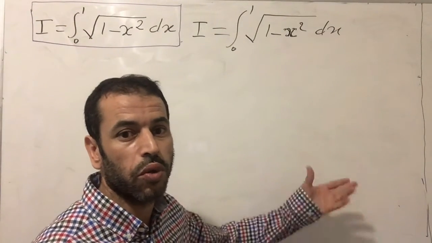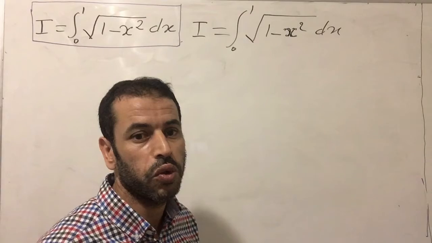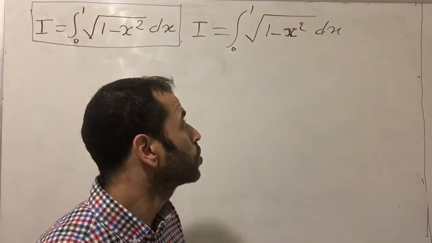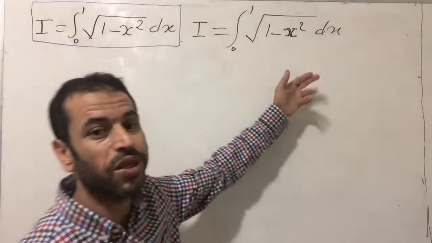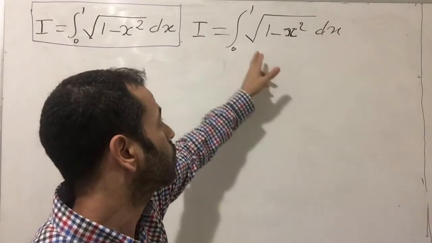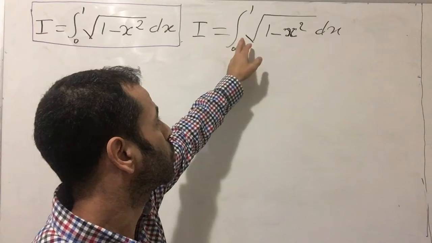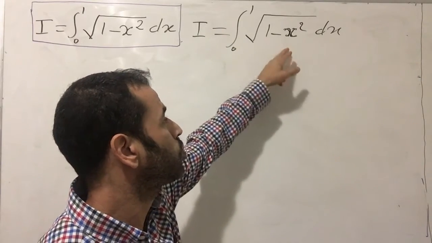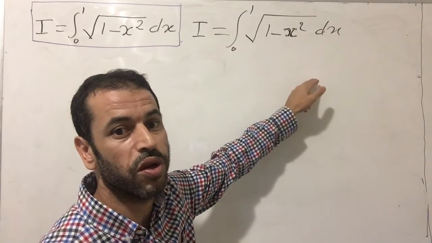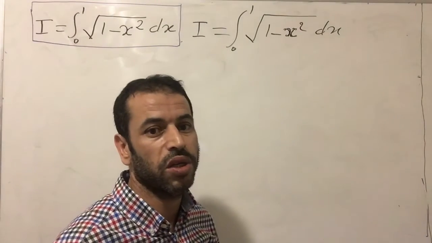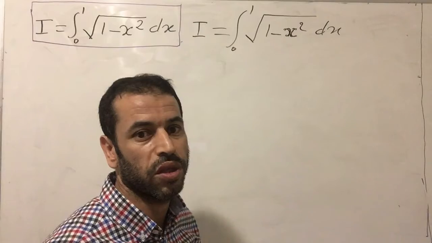The best way to solve this integral is to use substitution, because by parts is not going to work here. The square root makes a problem, because we would need another function which, when you differentiate it, leaves the square root in the denominator. So the integral would become more challenging at that point.